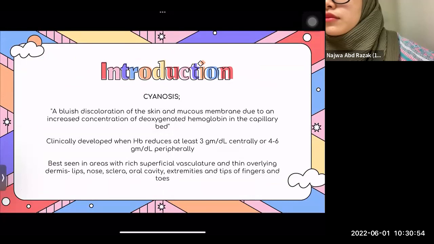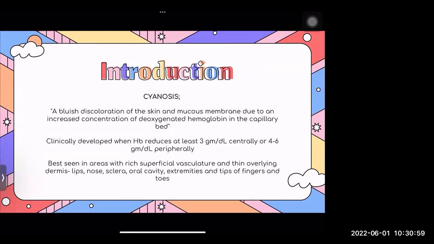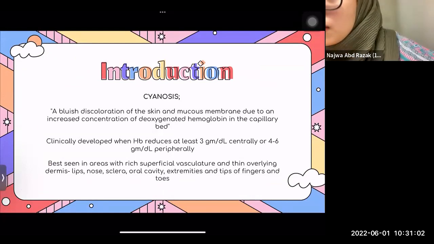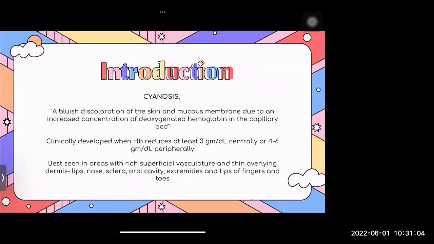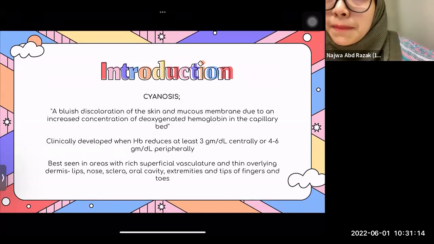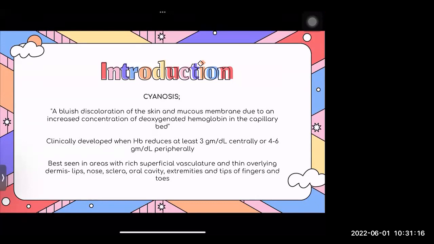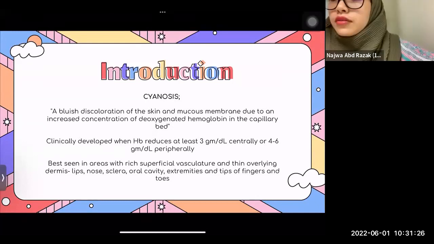Make sure you guys know the difference between peripheral cyanosis and central. It's not very clear. Still not clear, doctor. How about now? Okay, this one is okay.